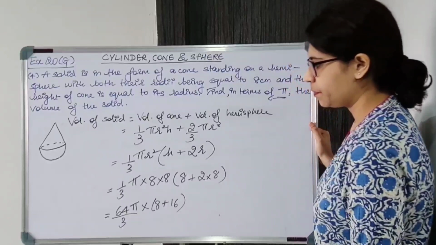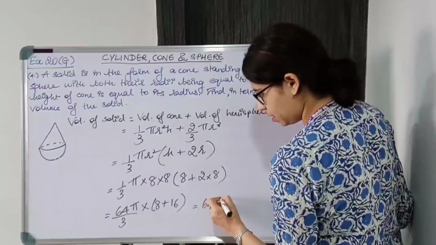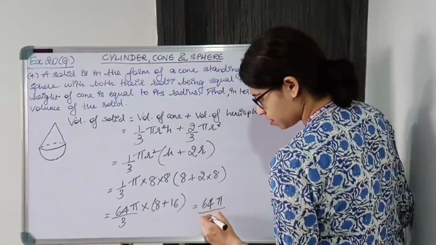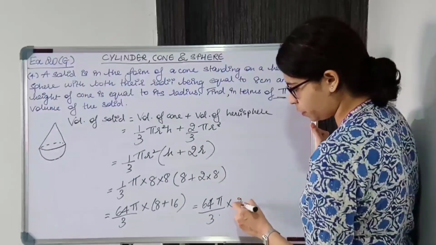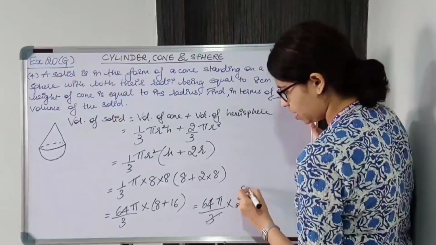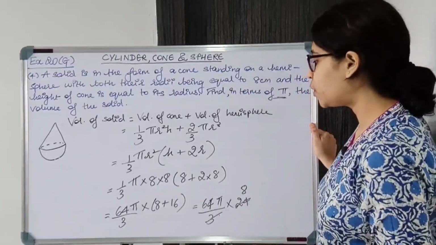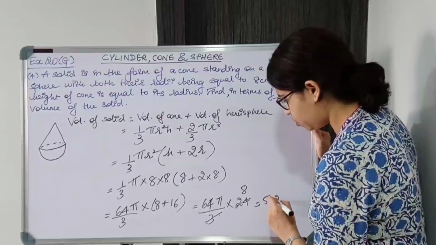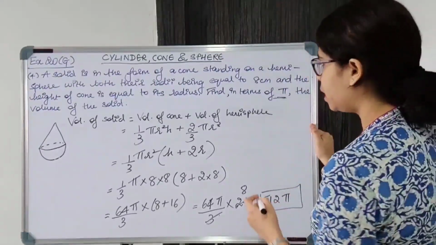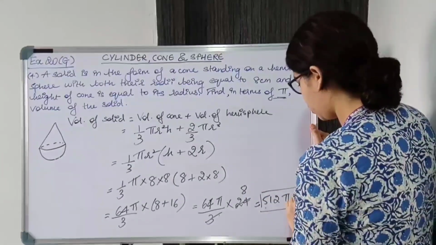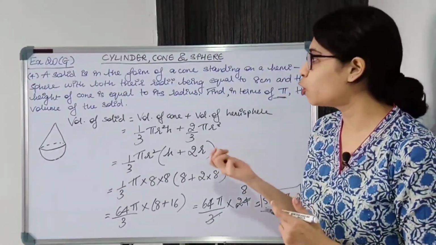So 64 pi upon 3 into 8 + 16 is nothing but 24. 3 8s are 24. 8 into 64 हो जाएगा 512. So that is nothing but 512 pi. Okay, and we are given in centimeters, so centimeter cube हो जाएगा, ठीक है. So 512 pi centimeter cube is the volume of the solid.